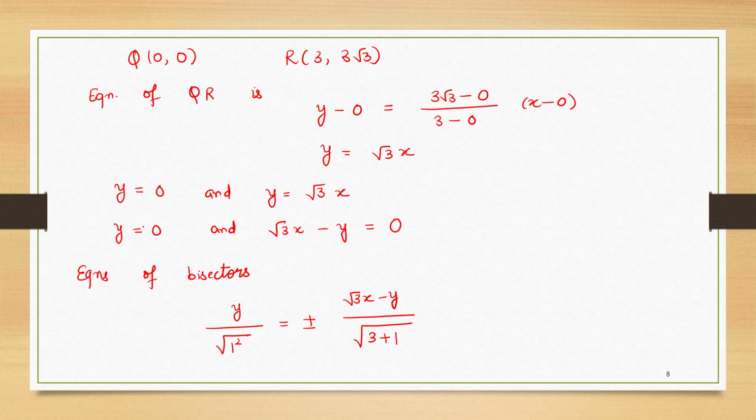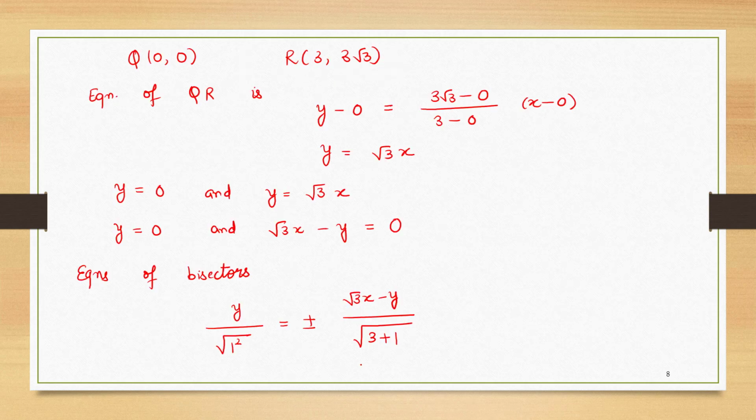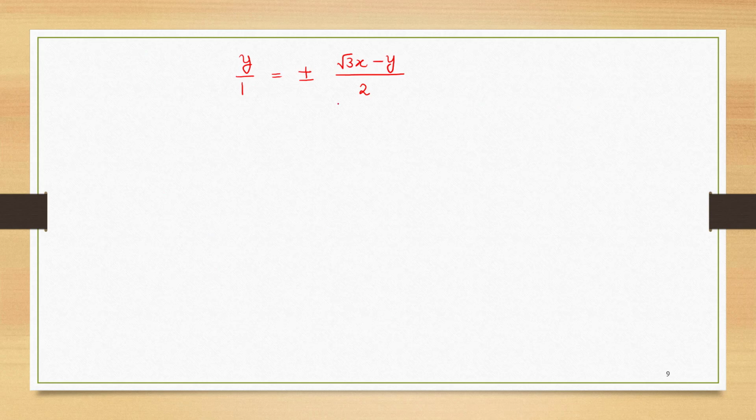So we get y upon 1 is equal to plus minus (square root 3x minus y) upon square root of 4, that is 2. Cross multiplying, we get 2y is equal to plus minus (square root 3x minus y).